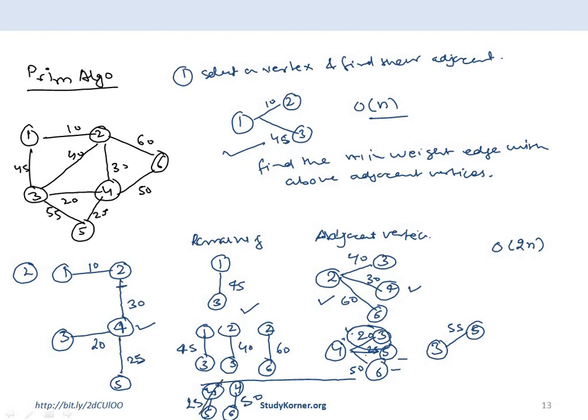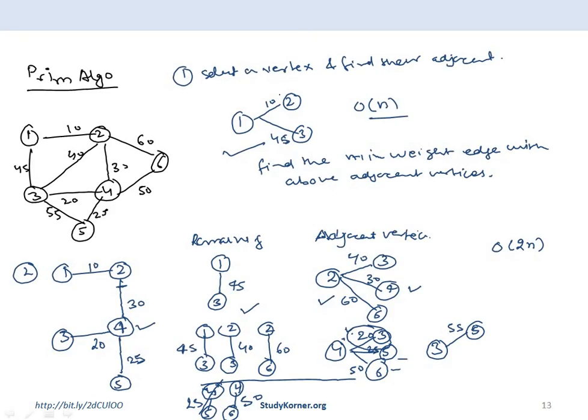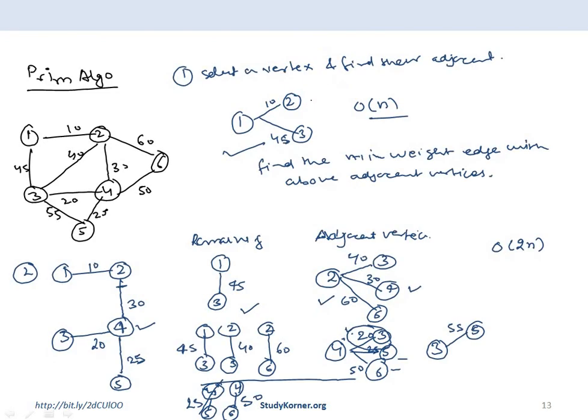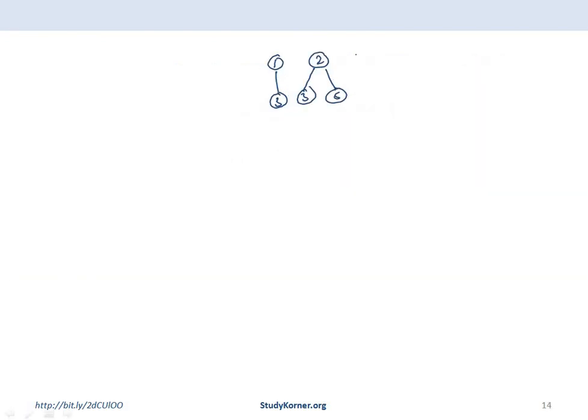Again I update the remaining set. The remaining set now contains 1 to 3, 2 to 3, 2 to 6, 4 to 6 and 3 to 5.